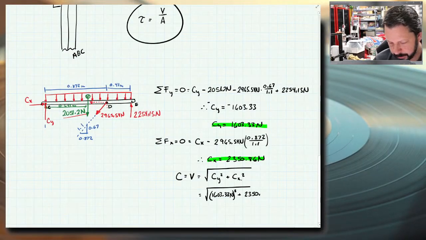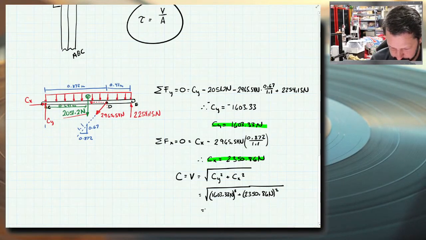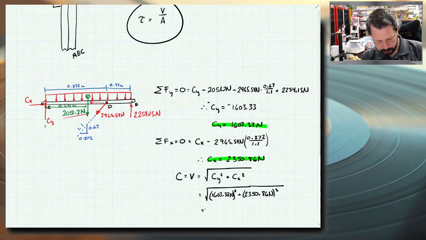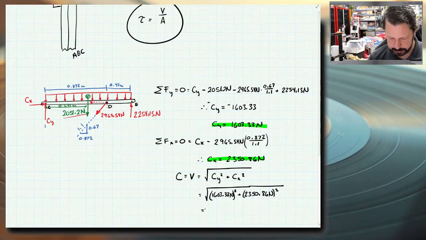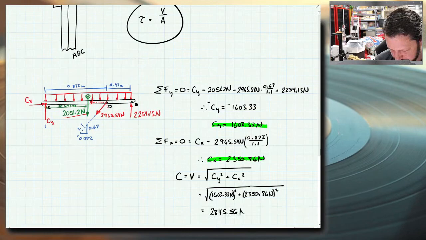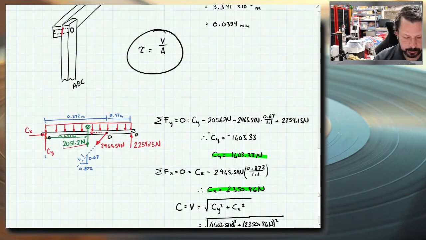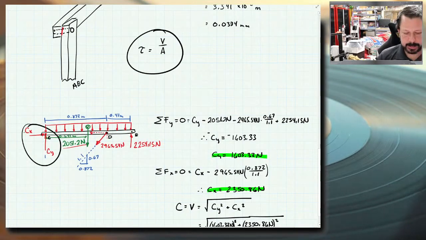There we go. 2350.86 newtons squared. So let's see what that is. Square that number plus 1603.33 squared. Square root of those is 2845.56 newtons. So this is the resultant of these two forces acting at C.